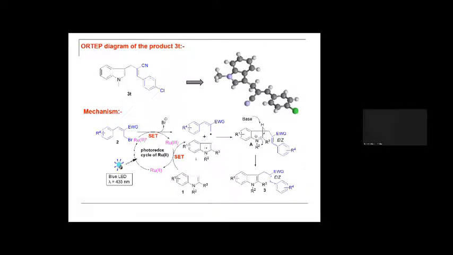This allyl radical combines with the indole radical cation, which is generated from single electron transfer with the oxidized ruthenium complex, and these two intermediates combine to form intermediate A, which aromatizes to form C3 allylated indoles.